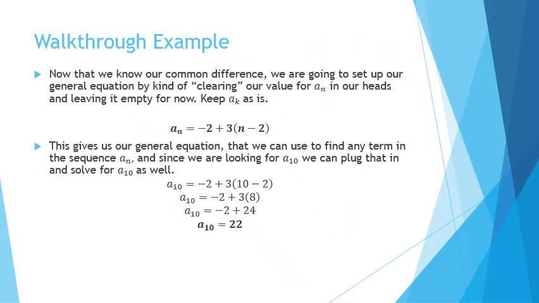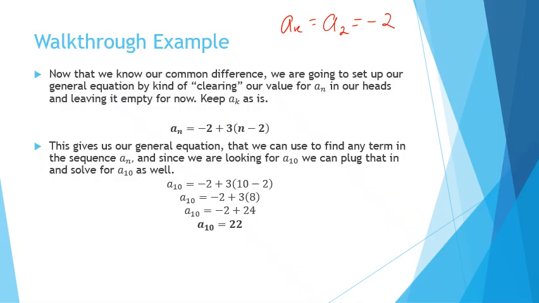All right, so now that we have our common difference, we can plug everything in to our general equation. Remember, a of k was a of 2, which was -2, and a of n was a of 7, which is 13. We can forget about a of n, but we can keep a of k.